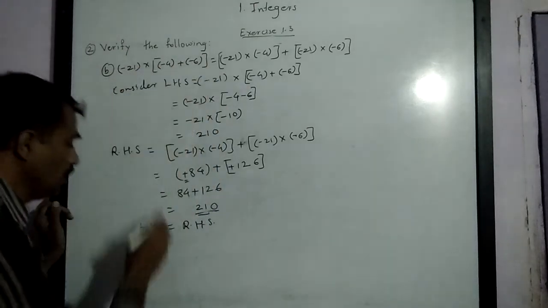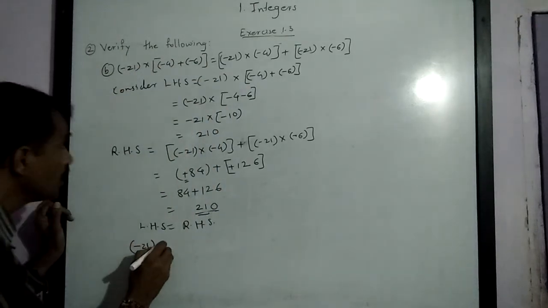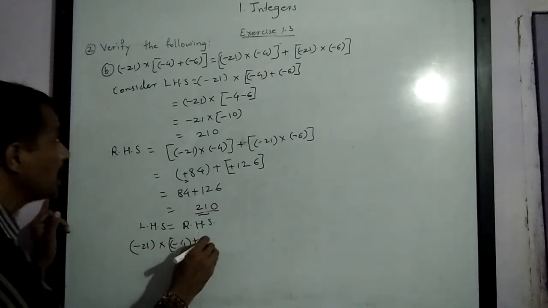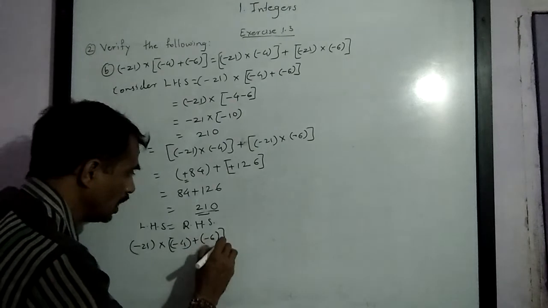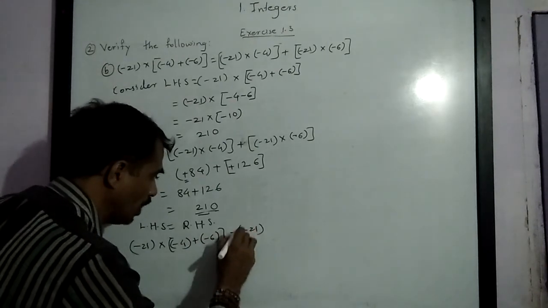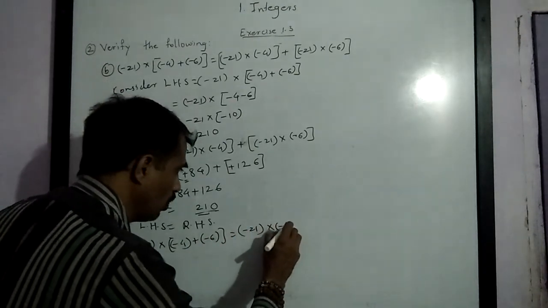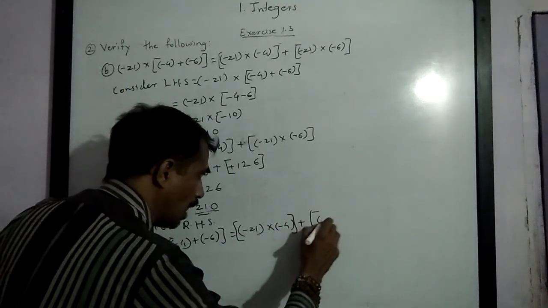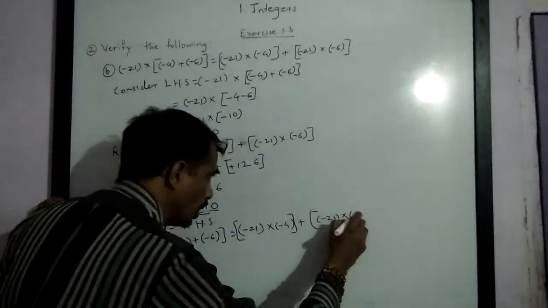It means the given question, negative 21 into negative 4 plus negative 6 is equal to negative 21 into negative 4 plus, in second bracket we have negative 21 into negative 6.